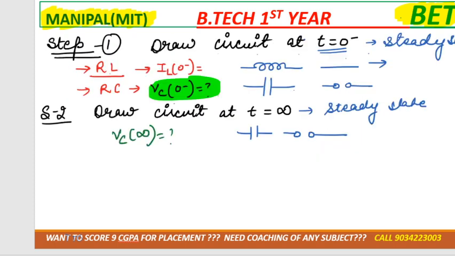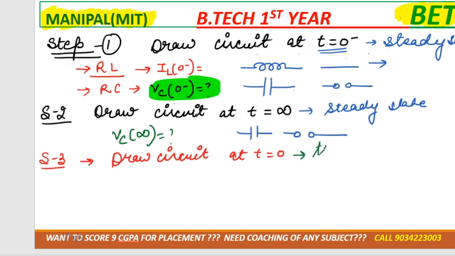Okay, after that we need to move towards step number 3. In step number 3, we have to draw the circuit at t equal to 0. Now as you know, t equal to 0 is the transient condition, correct? And in the transient condition, the inductor will remain an inductor and the capacitor will remain a capacitor. So in this condition, what we need to calculate is tau.